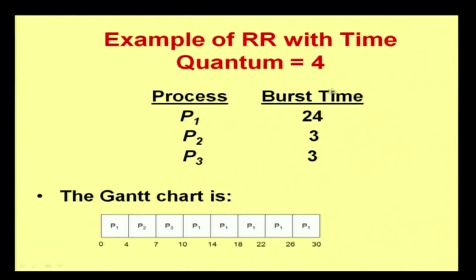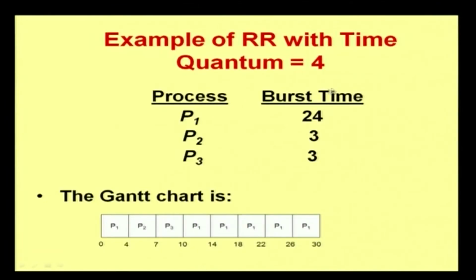Then process 2, which is in the queue, will execute. It completes in 3 milliseconds, wherein 1 millisecond is left free from the time quantum. Process 3 also executes in the same fashion in 3 milliseconds, with 1 millisecond left out. The remaining 20 milliseconds are left in process P1, so it goes to the back of P3 and then gets executed.